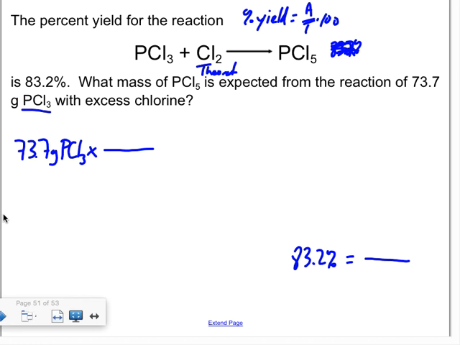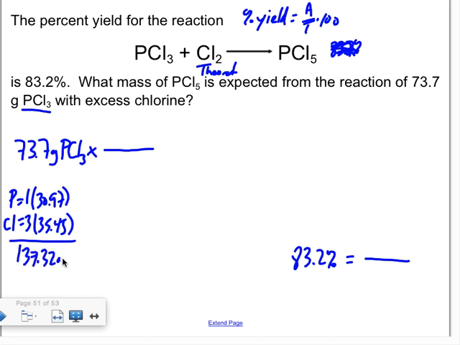So let's figure out the molar mass of PCl3. Phosphorus, I have 1 of them at 30.97, and chlorine, I have 3 of them at 35.45. And I add them up together, and I get a molar mass of 137.32 grams.